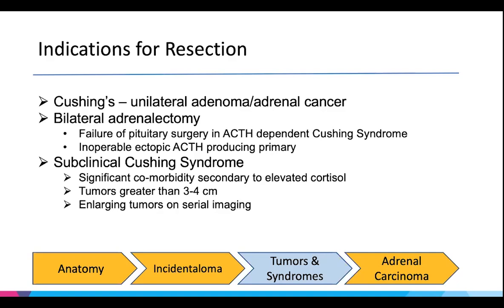For subclinical Cushing syndrome, significant comorbidity secondary to elevated cortisol, tumors greater than 3 to 4 centimeters, or enlarging tumors on serial imaging may all be indications for resection.